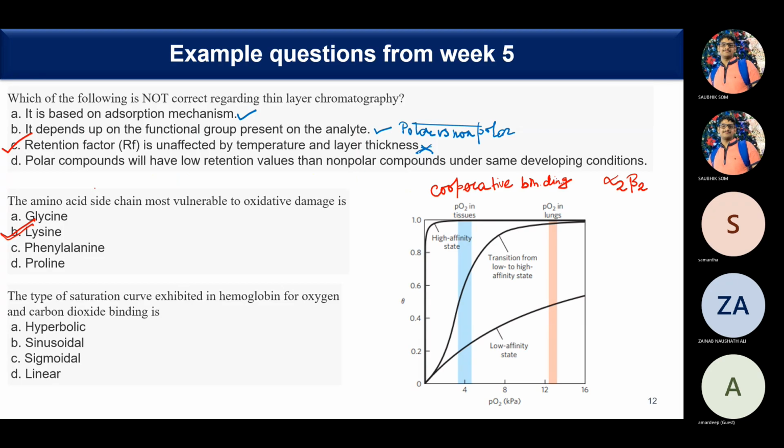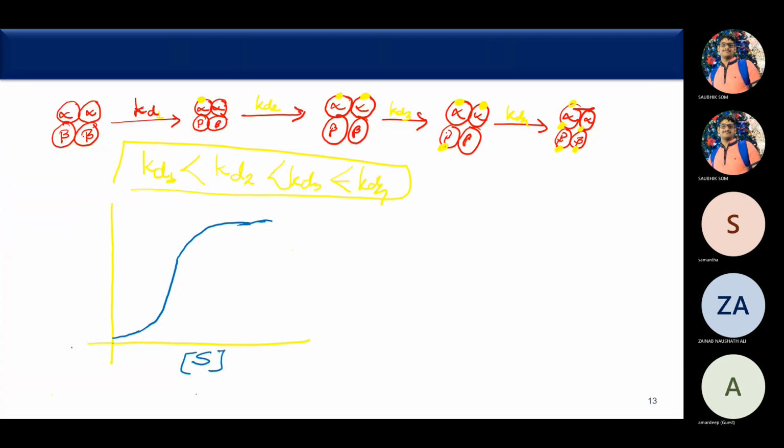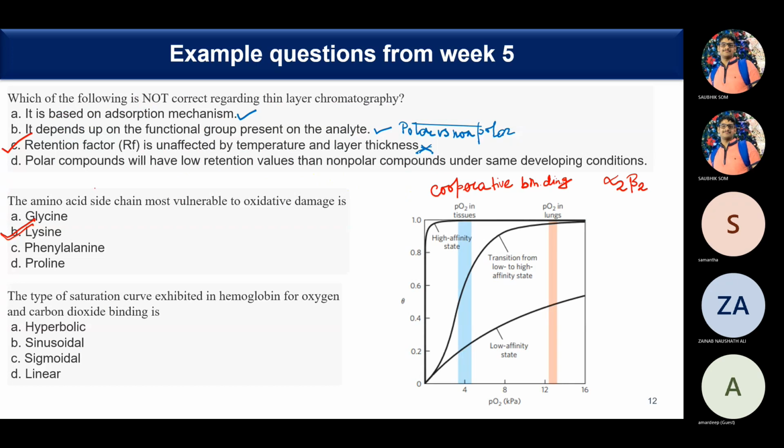So it's from a low affinity state to a high affinity state, a transition. It's known as cooperative binding. So it's of course a sigmoid curve. The correct answer is sigmoidal.